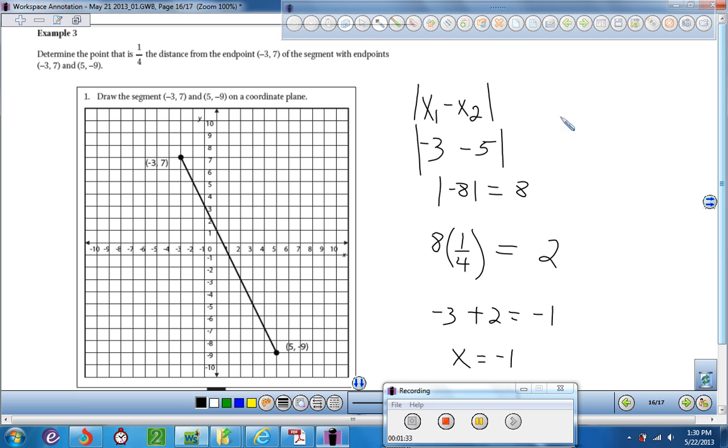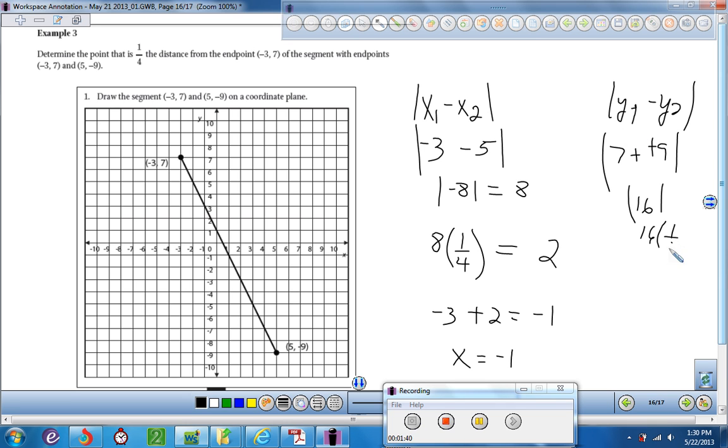Now for our y value, we'll do the same thing. We'll do y1 minus y2. So we'll do 7 minus 9, -9. That ends up being plus, so we end up with 16. Absolute value is 16. So the change in y is 16 units.